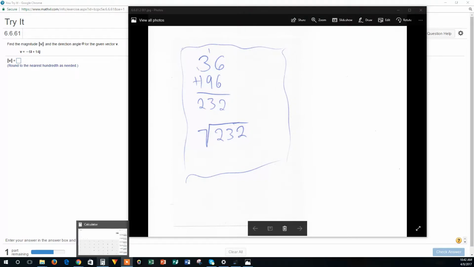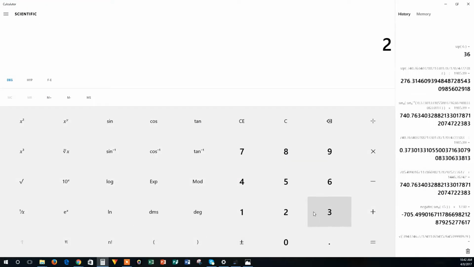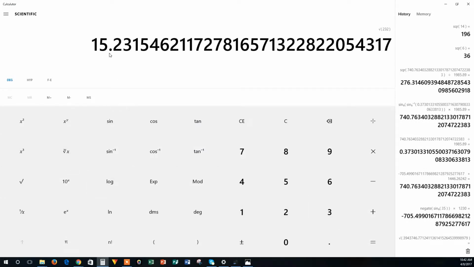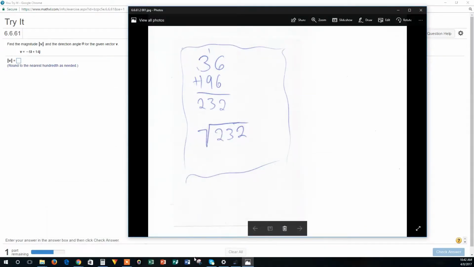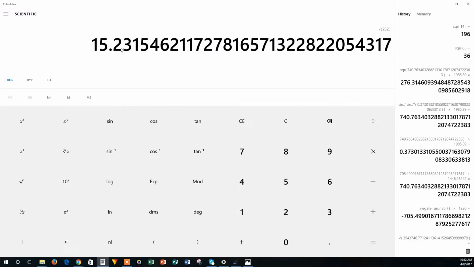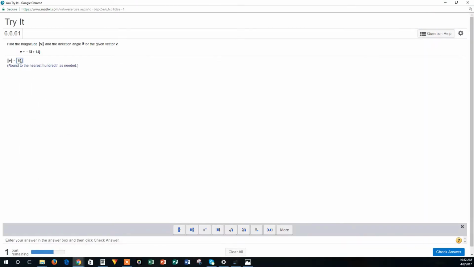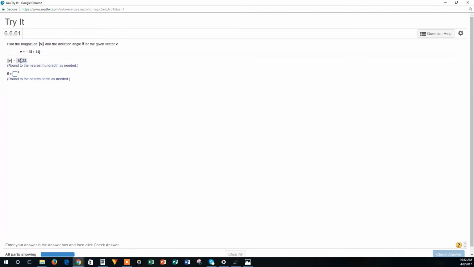All we have to do is pull out the calculator and put in the square root of 232. We get 15.231. They do want the hundredth, so that rounds to 15.23. Nice.